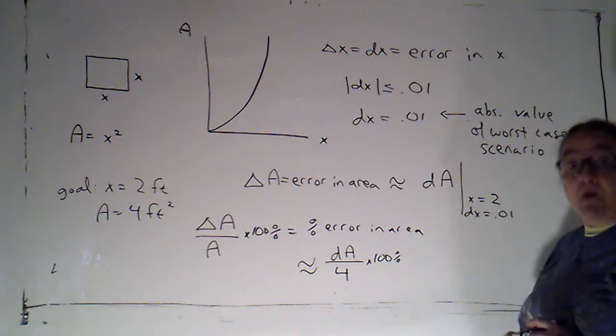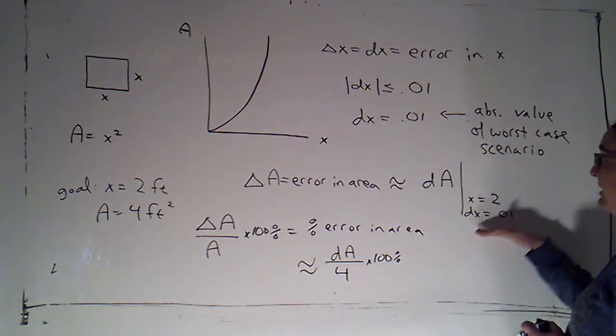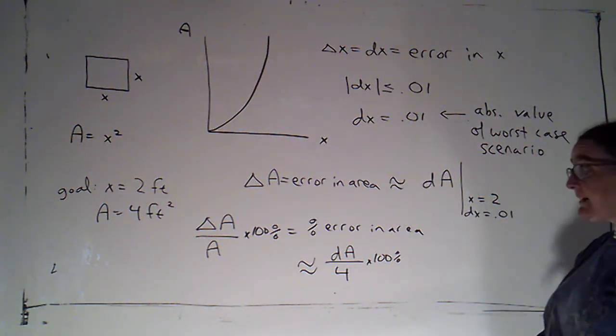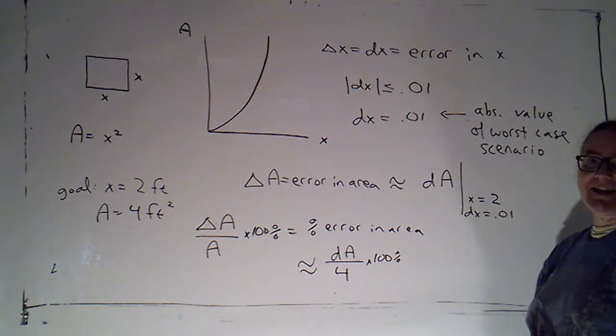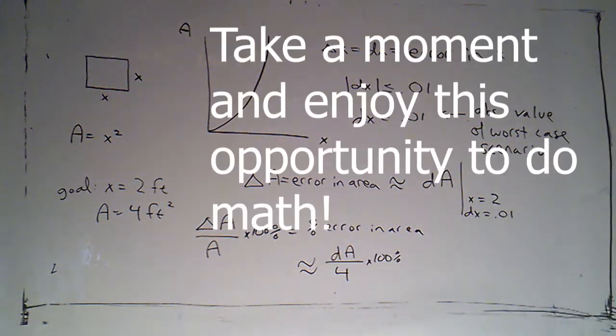So those are your tasks. You're basically calculating dA for this value of x and dx, and then you're calculating the percent error by putting that over 4 and converting that to a percent. If you haven't already paused the video, pause now and do that.